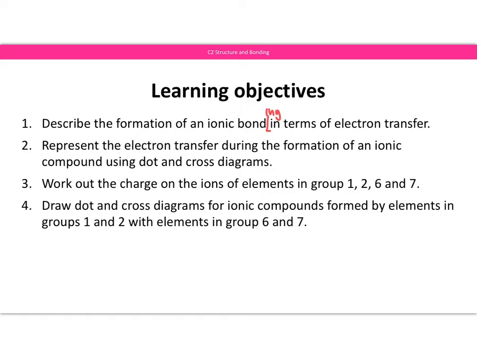They're essentially what you did in atomic structure, where you used crosses to represent electrons. We're also going to do versions with dots, and we'll explain why when we come to it. Work out the charge on the ions of elements in groups 1, 2, 6, and 7. And then finally, be able to draw dot and cross diagrams for ionic compounds that involve elements in groups 1, 2, 6, and 7.